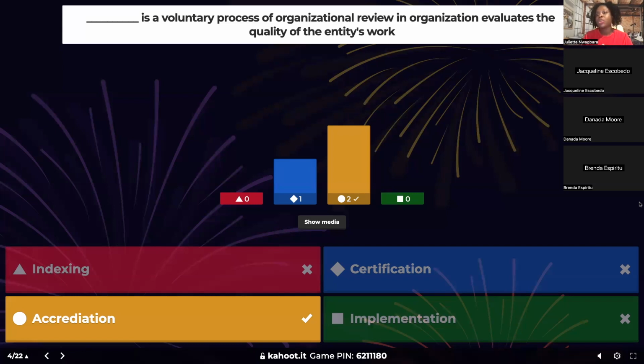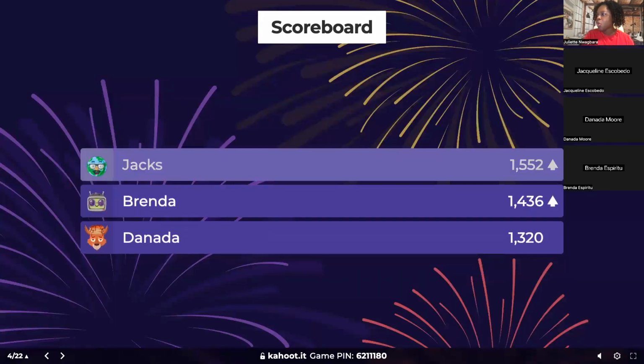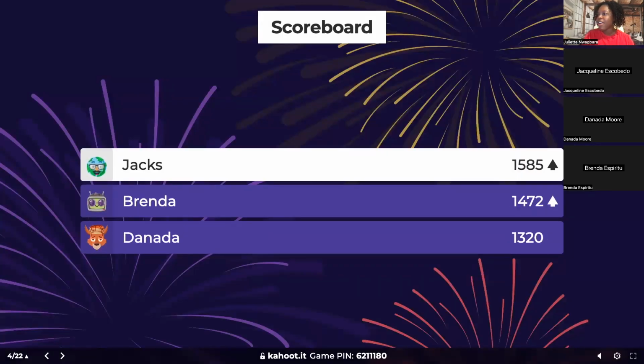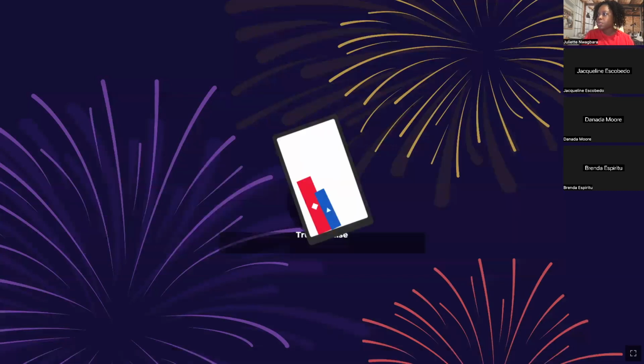To be a medical doctor, to work in certain jobs, you have to have your RHIA, versus accreditation, which is done by hospitals in order to get higher praise or achievement in the community. So that's accreditation. All right, let's see the scoreboard now. Oh, there's a change. All right, Jax, you are up on the leaderboard now, okay? Let's go ahead and go to our next question.